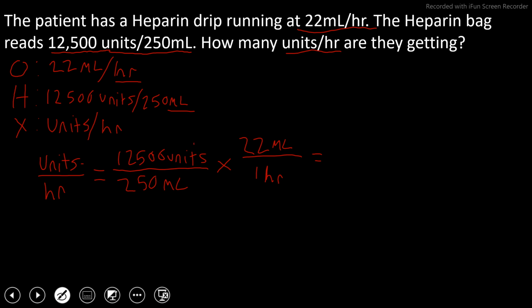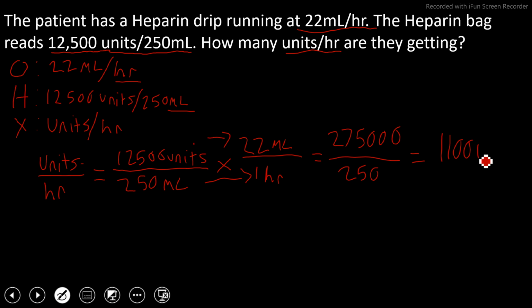Okay, so now we multiply across, and 12,500 times 22 is 275,000, and then 250 times 1, of course, is 250. Divide that out, and we will get 1,100 units per hour.